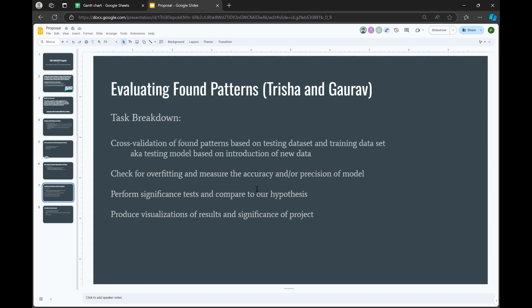We're also going to have to check for any overfitting, measure the accuracy and precision, perform our significance tests, so either a t-test or a chi-square test, depending on how we see our data at that time, and then finally produce our visualizations, so that we can actually demonstrate the significance of our project.